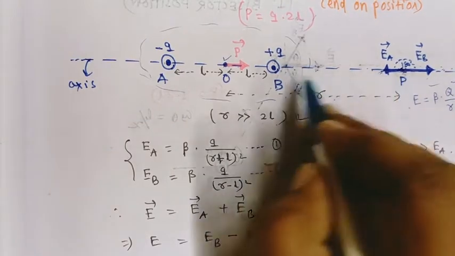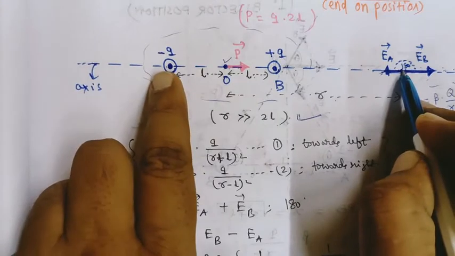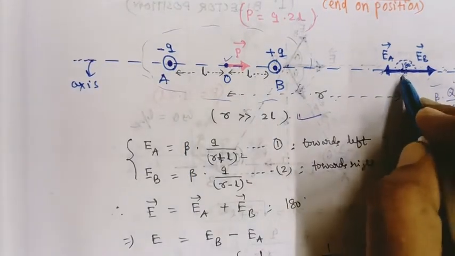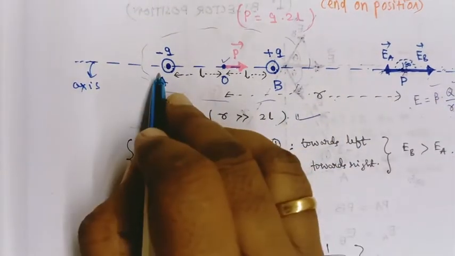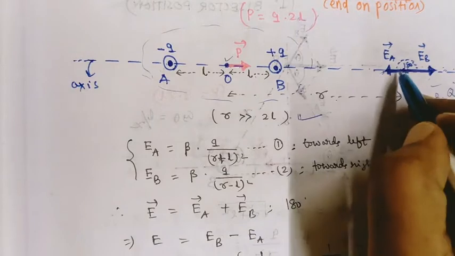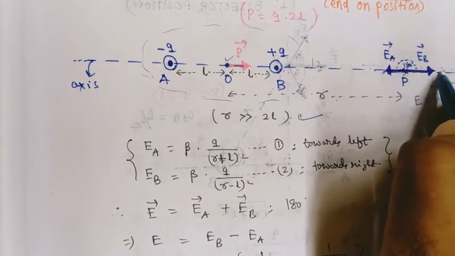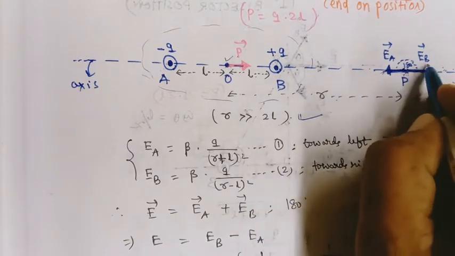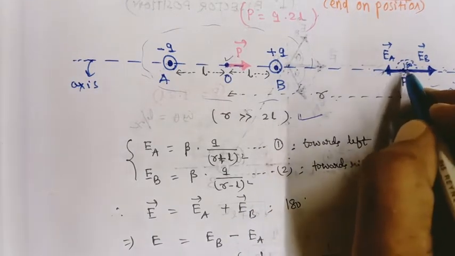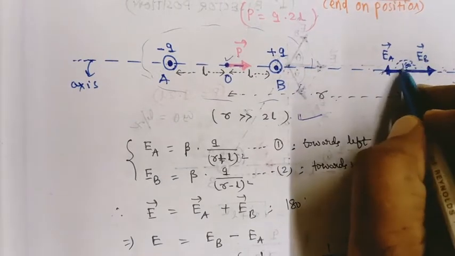Point P is a very small distance from B, and point P is a very large distance from point A. So when we calculate the intensity at point P due to A, that is at a larger distance, it should be very small. That's why the EA vector is very small and the EB vector is very large. Clear? So while drawing this, the EB vector should be very large and the EA vector should be very small. Again these two vectors are anti-parallel, that's why the angle between the two vectors is 180 degrees.